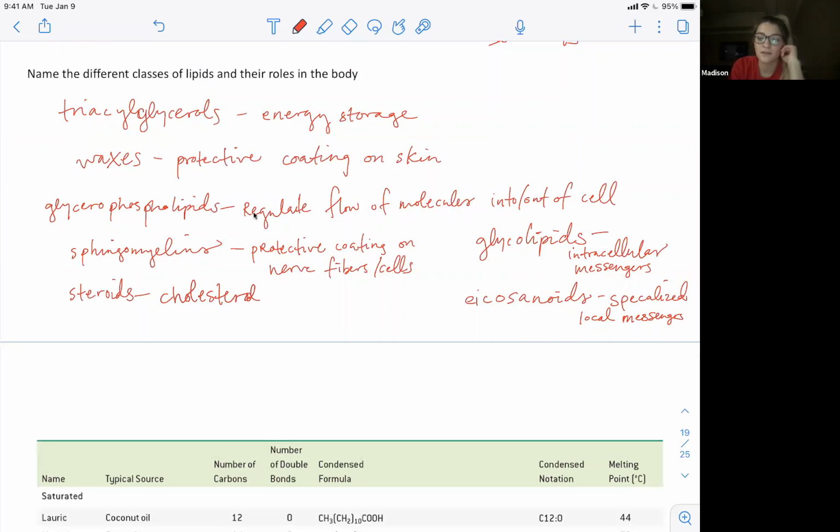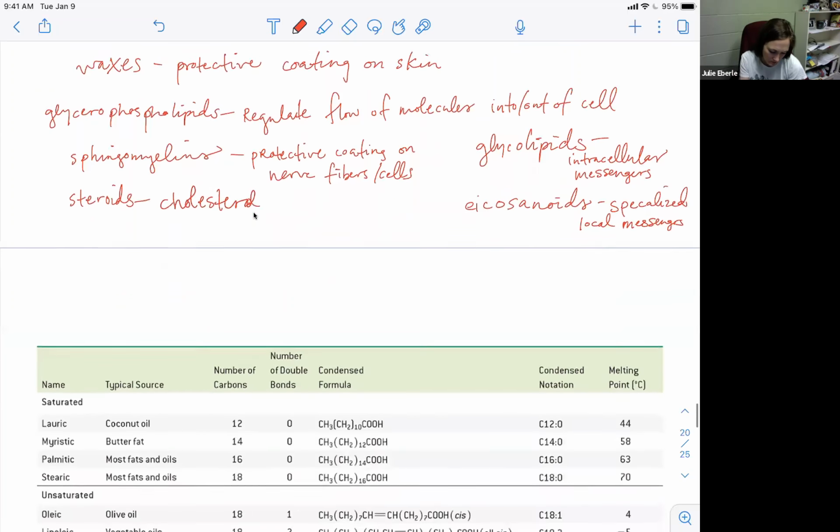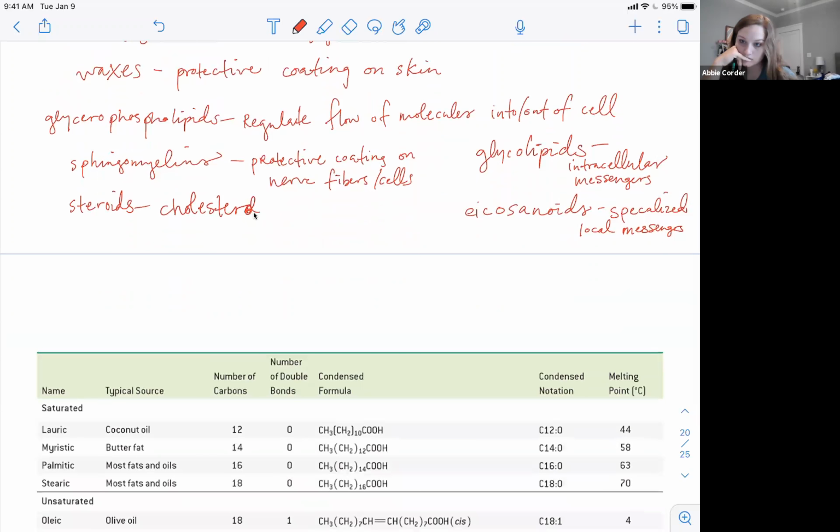Can't it cause blood clots and heart attacks? Your bad cholesterol. Yeah, we got the HDL and the LDL. But cholesterol is really abundant in our cell membrane, okay, in the bilayer. And what does cholesterol help do there? Someone remembers?